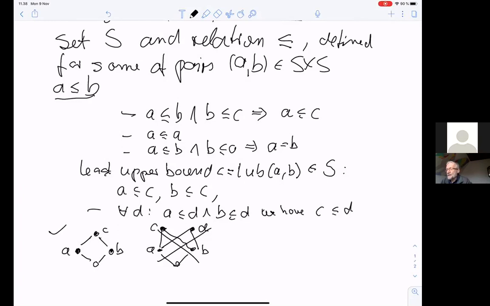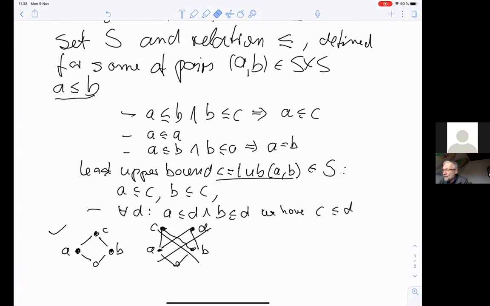I should also say that you have to remember that this least upper bound must be defined for all choices of A and B. In particular, it must also be defined even if A is equal to B. So that also must be the case.